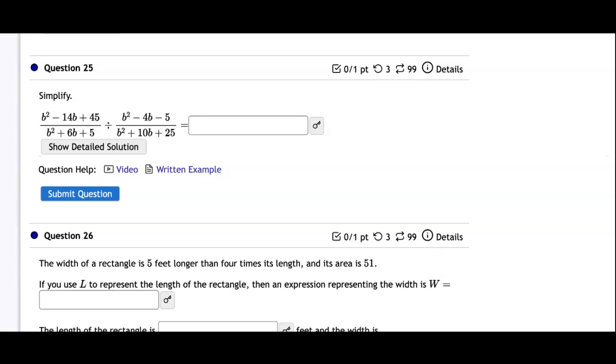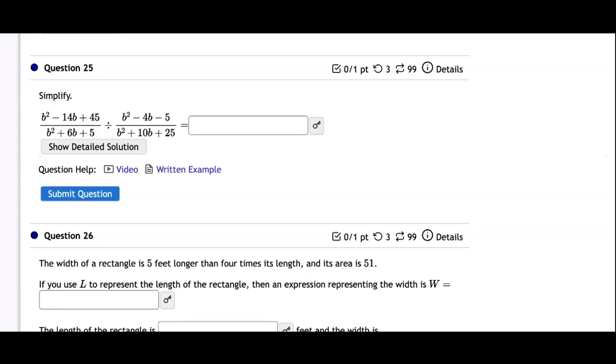We have b minus 5 in the numerator, b minus 5 in the denominator. They cancel each other out. We have b plus 5 in the numerator, b plus 5 in the denominator. They cancel each other out. So what are we left with? We're left with b minus 9, b plus 5 in the numerator. And in the denominator, we have b plus 1 squared. Right?